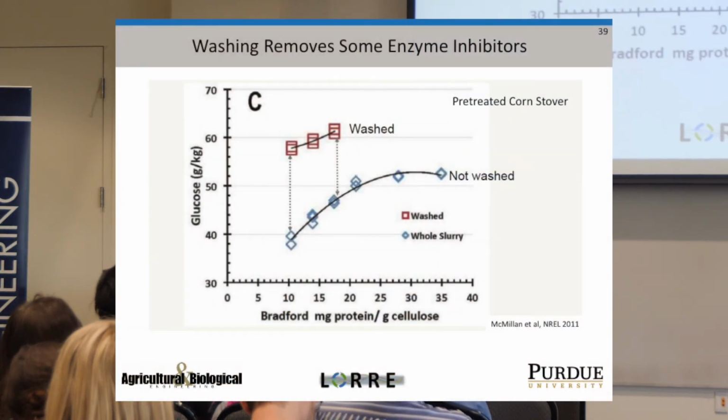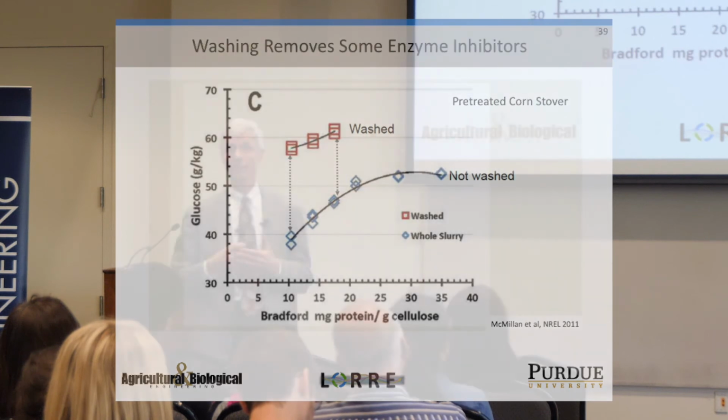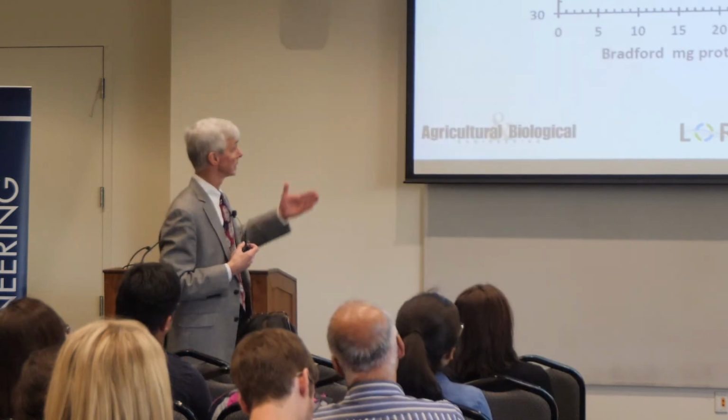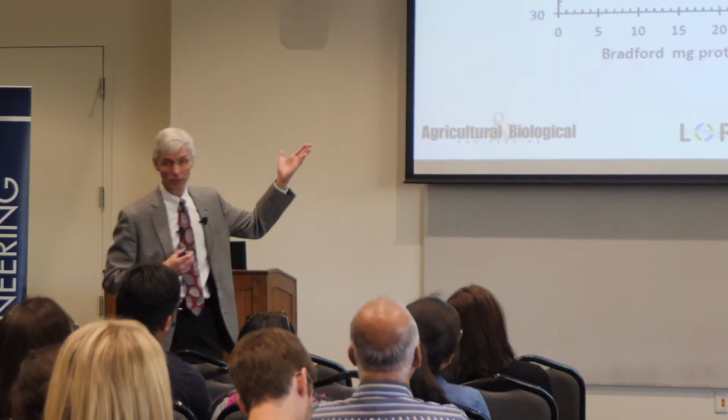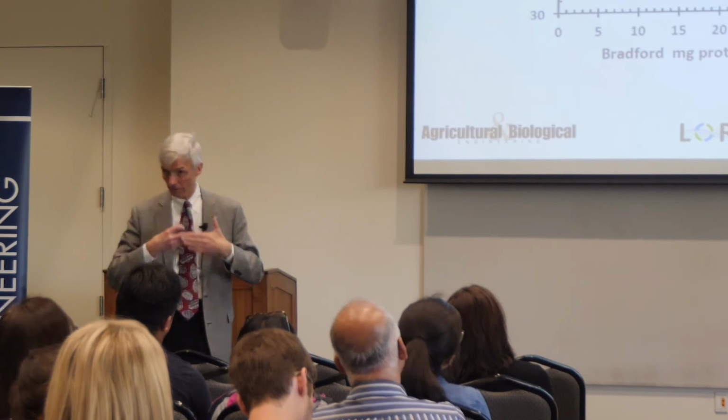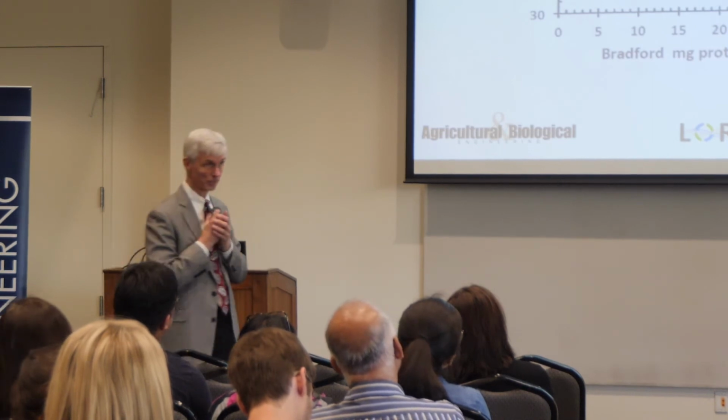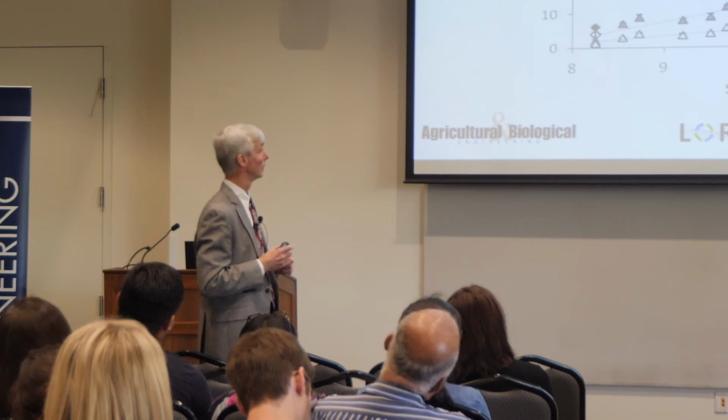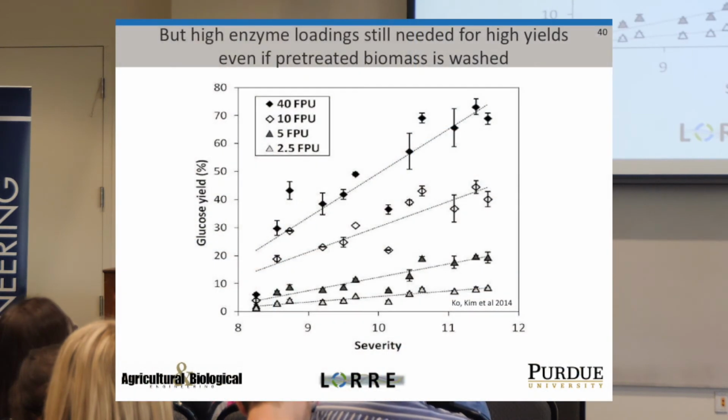So then Macmillan at NREL said, okay, let's wash the corn stover, wash away the phenols, and we should get good hydrolysis or better. And so this worked in a way. Okay, so not washed, lower conversion. You start washing out all the phenolics. Forget about the cost for now, but at least you could get good conversion. One problem.